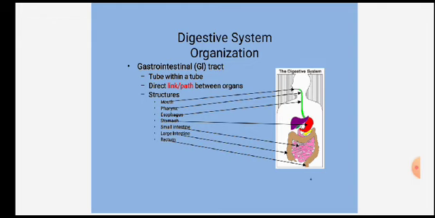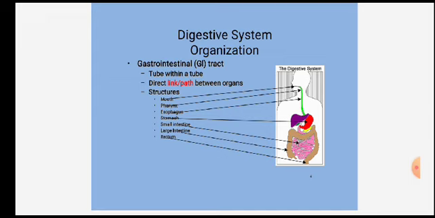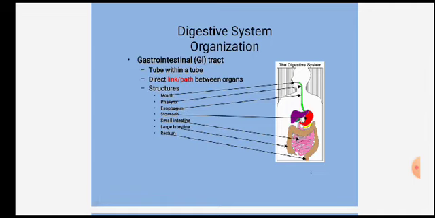Previously I told you that the digestive system consists mainly of the alimentary canal. What is the definition of the alimentary canal? A long, tubular and coiling structure is called the alimentary canal, and it starts from the mouth. The gastrointestinal tract consists of a tube-like structure, a tube within a tube, forming a linking path with each other.